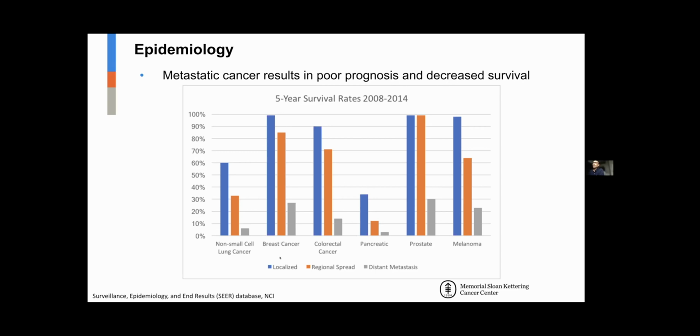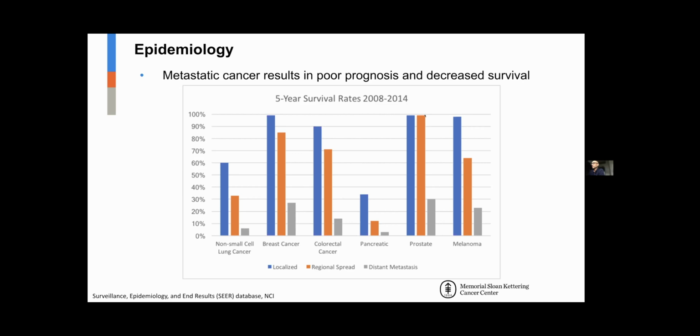Back to the colorectal cancer example: if you just have localized colorectal cancer, you have a 90% chance of survival after 5 years. But if you have metastatic cancer at diagnosis, your chance of survival after 5 years is less than 15%. And this is across all cancers.